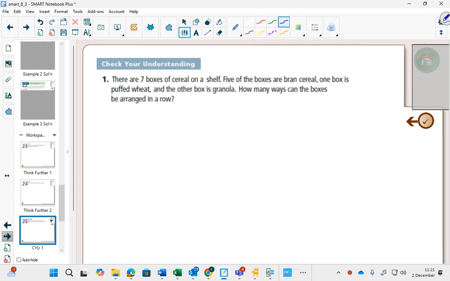How do we recognize this as an identical objects question? How do we make this like a Mississippi question? So we could say, well, I have 5 boxes of bran, 1 box of puffed wheat, and another of granola. Do we have identical objects? Yes.